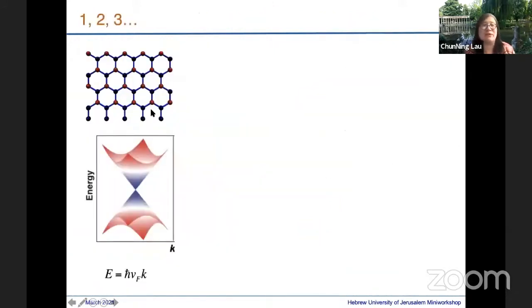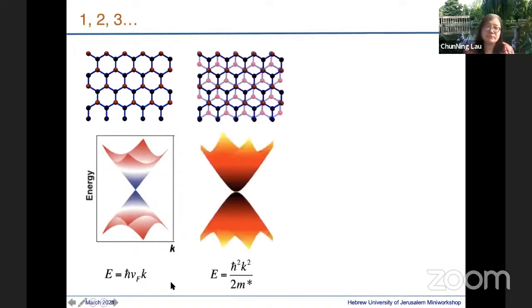Okay, so let's first look at this semi-metal scenario. If you know me, you know I've been working on graphene, and not only graphene, but multilayer graphene for some time now. In particular, we're looking at few-layer graphene. Monolayer graphene has a linear dispersion. Bilayer graphene has a quadratic dispersion.